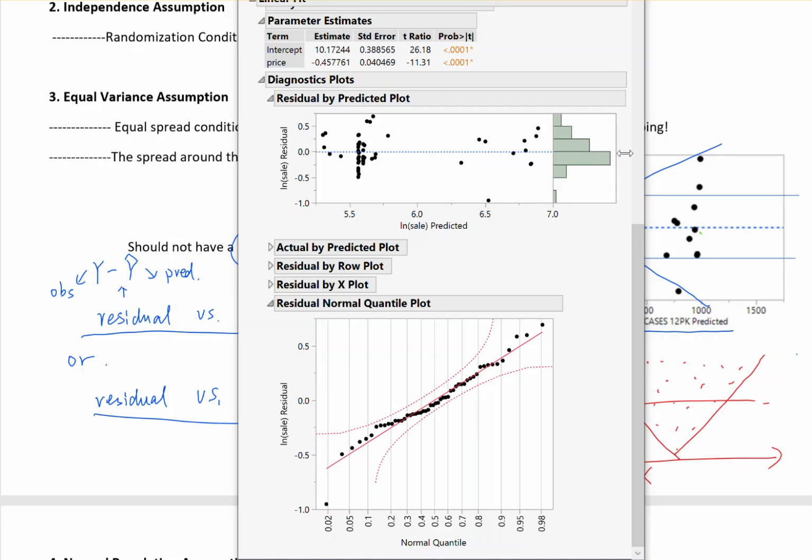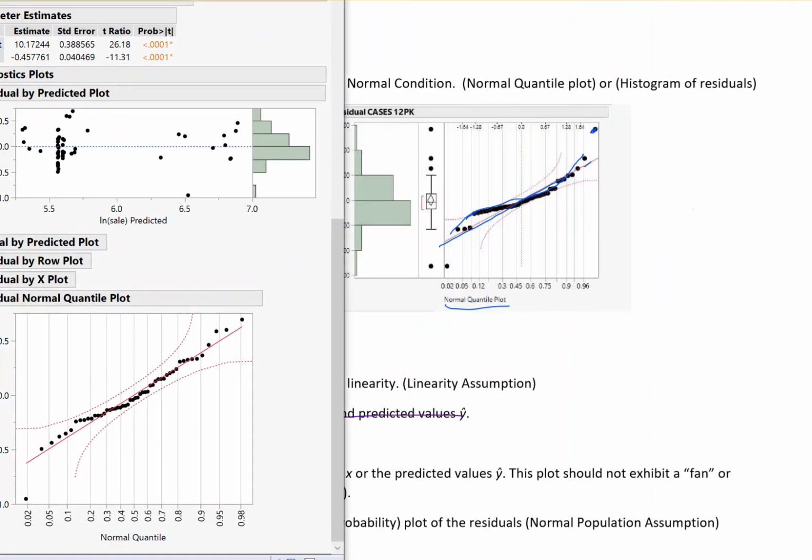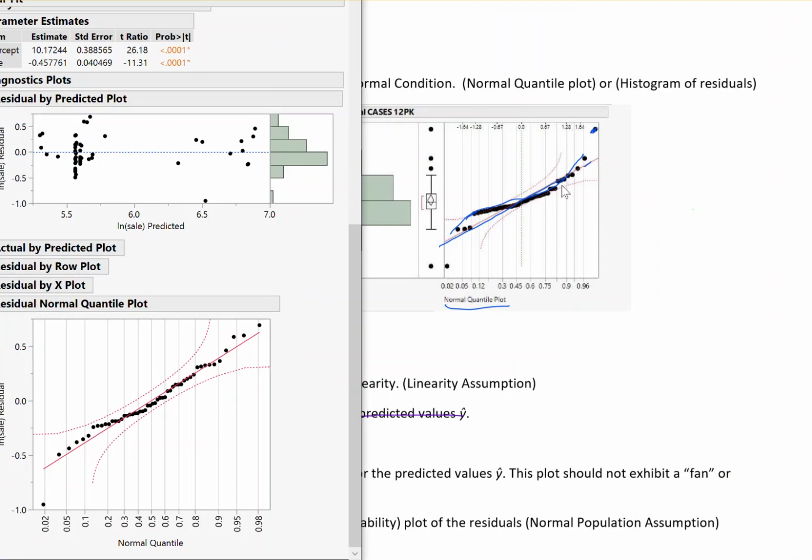Alright, and then for the histogram of the residual, it doesn't look like the normal shape, right? But if you look at the normal quantile plot, they kind of follow this line, which is much better than the one we had before. You see that? So it is curved, but now most of the points follow this line.